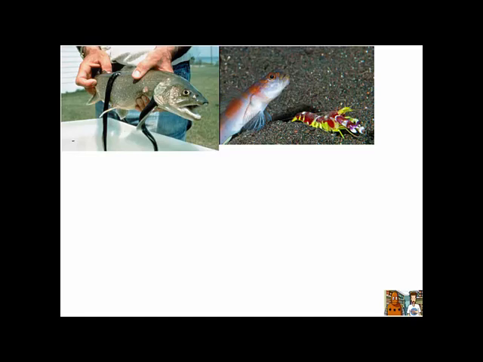So when the shrimp ventures out of the little burrow, the goby fish goes with it. And the shrimp has these long antennae that it keeps in contact with the goby. So the goby's looking out for any predators because the shrimp can't see very well. And when the goby backs up, the shrimp can feel it and goes back in the burrow. And so they kind of work together.